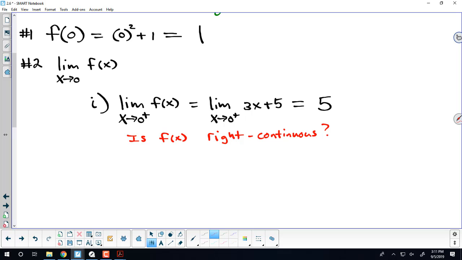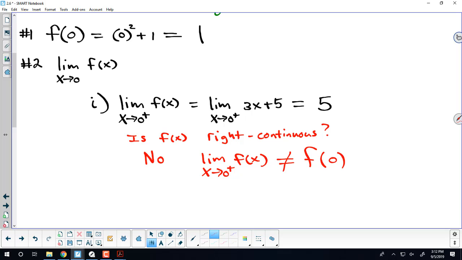So if we ask, is it right continuous, the answer is no. The limit as x approaches 0 from the right does not equal the function value there. So we know the function isn't continuous from the right at an x value of 0.